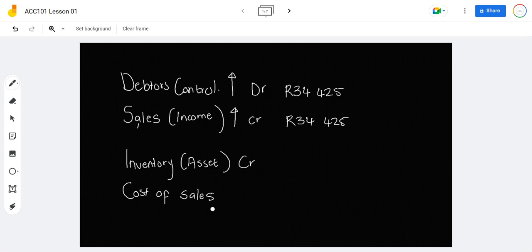So cost of sales is going to increase on the debit side. Oh no, I made a mistake there. It's going to decrease on the debit side.